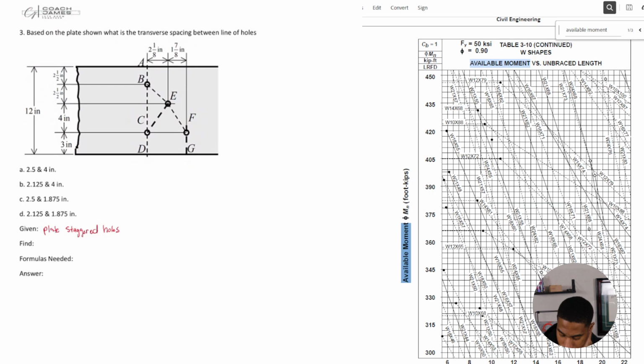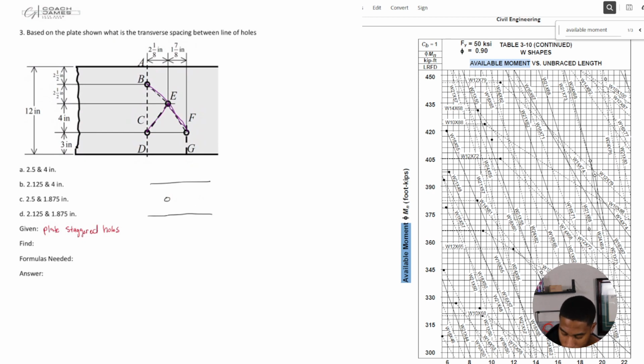So going from here to here to here, they're going in a bunch of different directions. What do I mean by staggered versus not staggered? Well, if you had a beam where all of your reinforcement rebar was in a straight line, then it wouldn't be staggered.